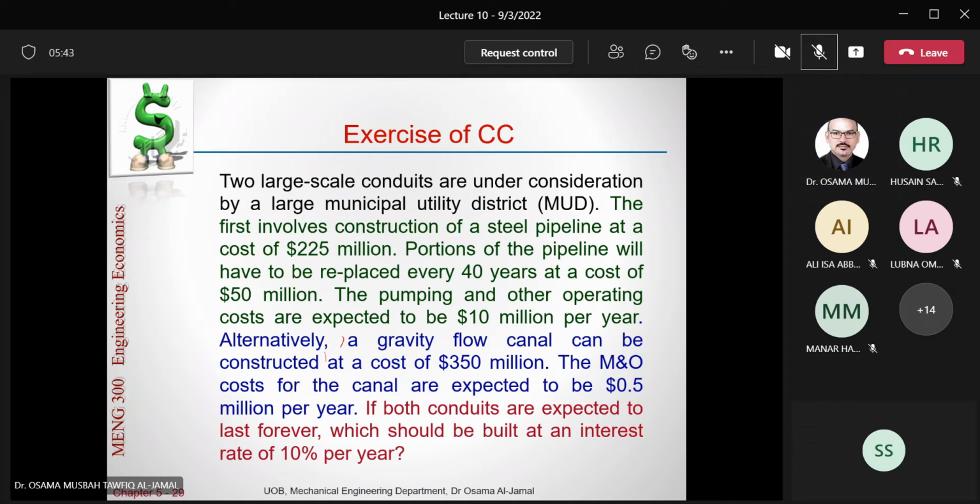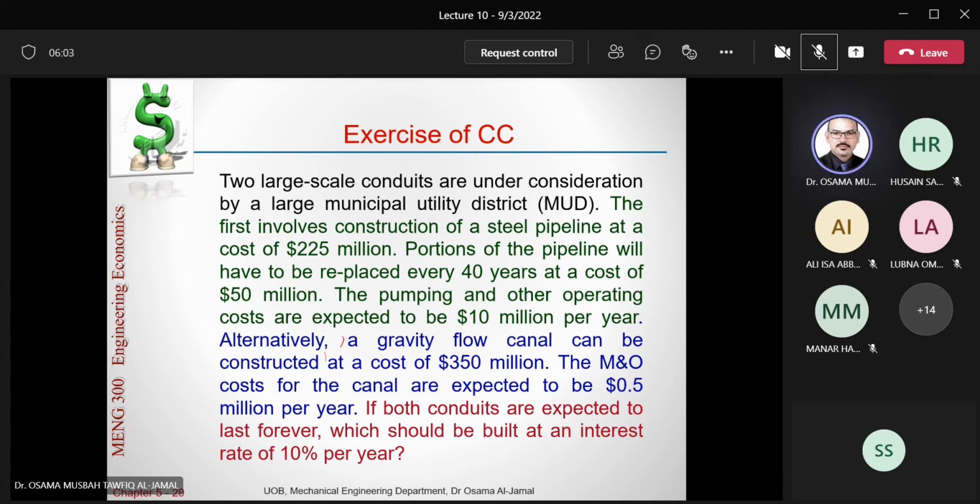After that, we have seen this CC, capitalized cost, for what? For infinite life. If we have an infinite life, or sometimes they call it forever.